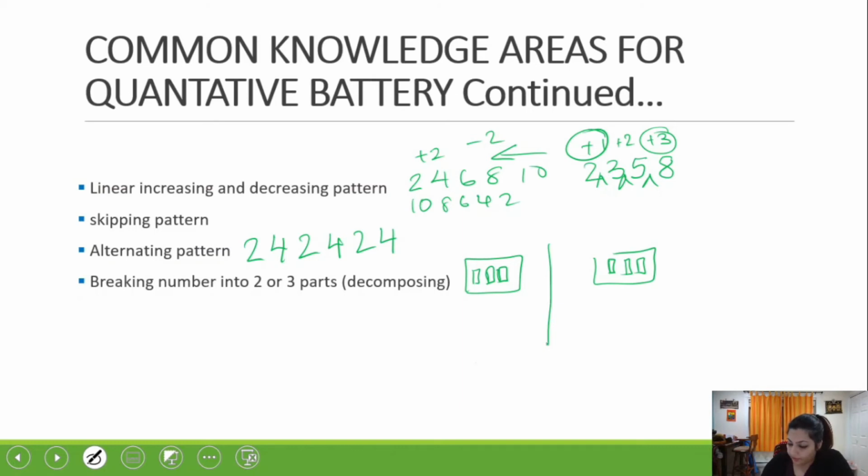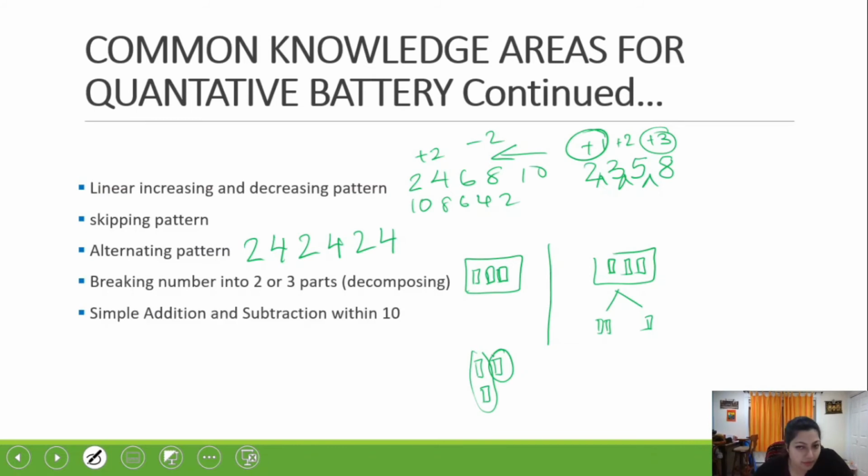Sometimes the answer form will be in a different way, like decomposing a number into twos and ones, it can be regrouped. So decomposing is another way to choose the answer.